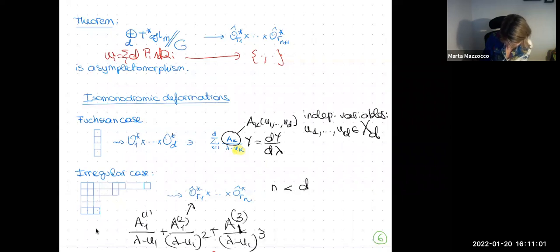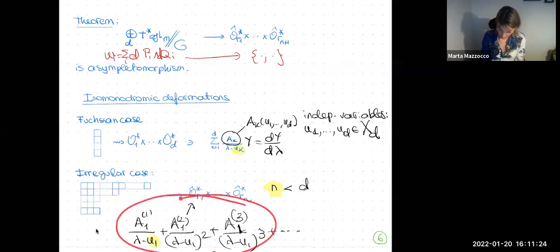So what we find is that, unfortunately, the positions of the poles are not enough to deform this system because we have only n poles, so we are losing d minus n of them. The problem here is to study general isomonodromic deformations, and the intuition doesn't help.